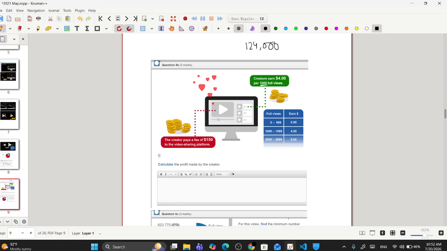So I can say that for every 1,000 views he earns $4. So I can write this as 124 multiplied by 4. This becomes $496. But he also pays a fee of 150 to the video sharing platform.